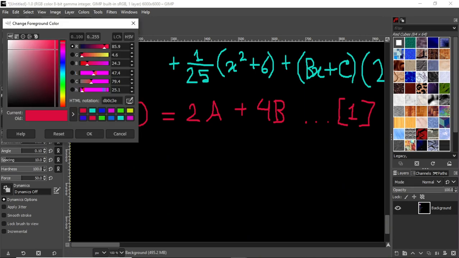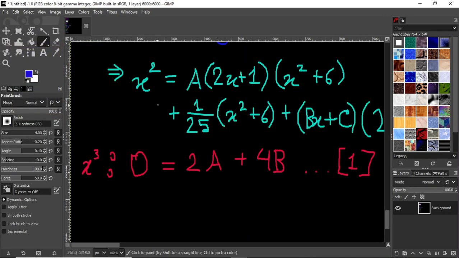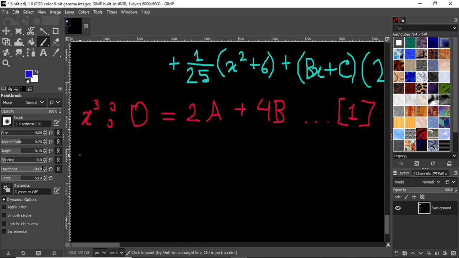Okay, so let's try to figure out another equation. Let's equate the coefficients of x squared.